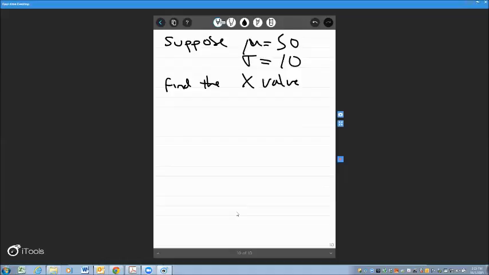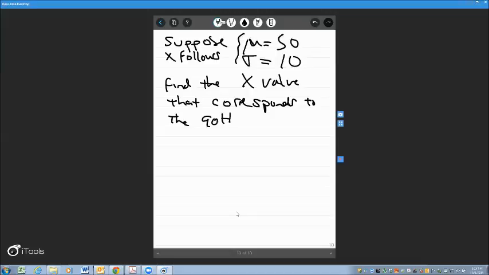So suppose x follows a distribution with that mean and standard deviation. I want to find the x value that corresponds to the 90th percentile for x.